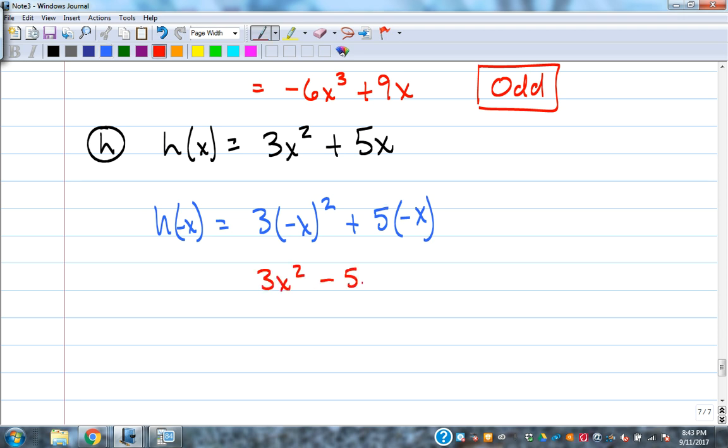That turns the sign. Did everything change? No, just one of them did. The other one came back to the same. Look at the exponents on the original problem. There's an even one. There's an odd one. They're not the same. That would be neither.